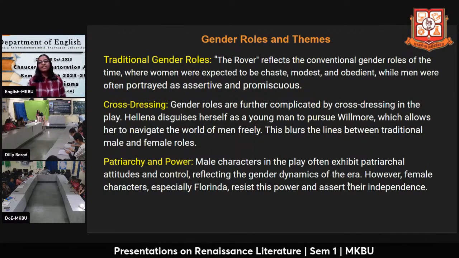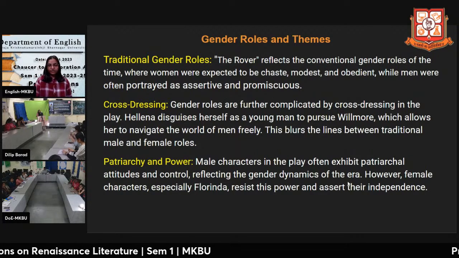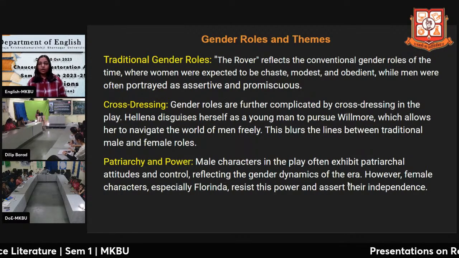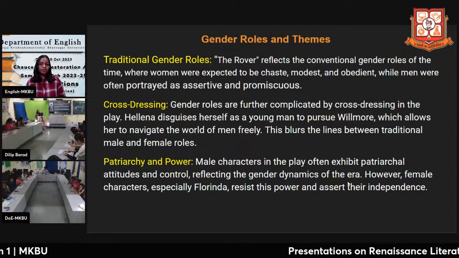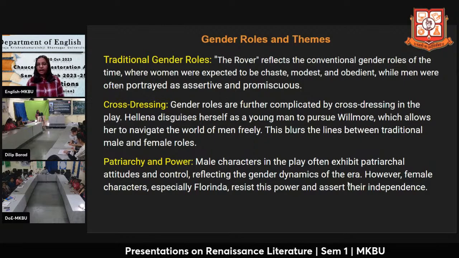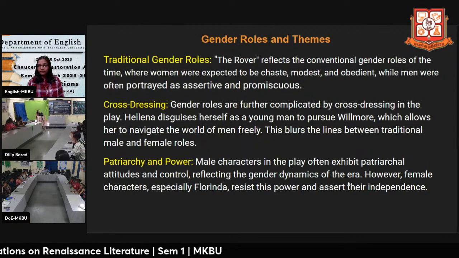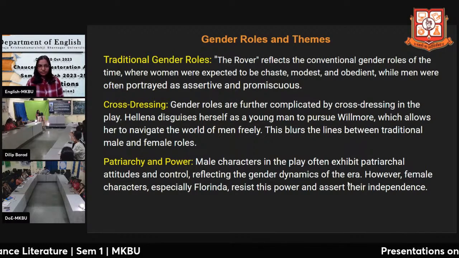This blurs the lines between traditional male and female roles. Patriarchy and power: male characters in the play often exhibit patriarchal attitudes and control, reflecting the gender dynamics of the era. However, female characters, especially Florinda, resist the power and assert their independence.